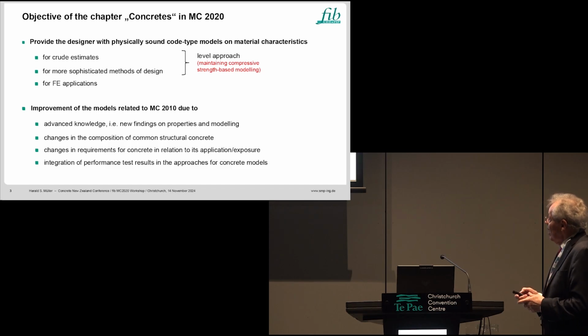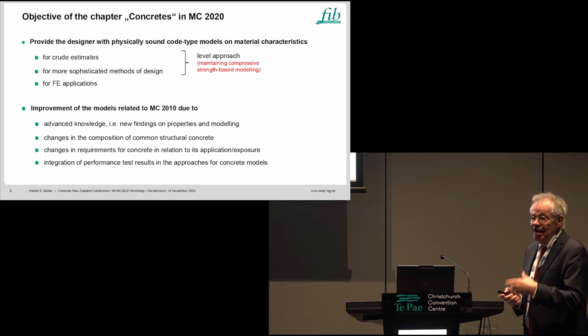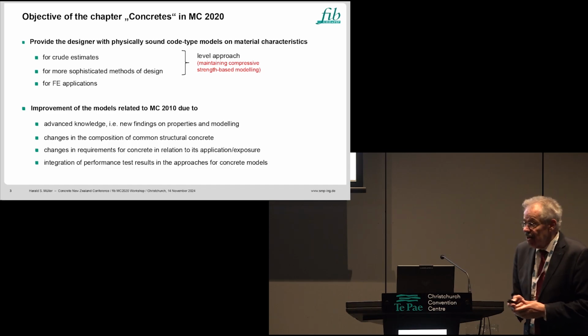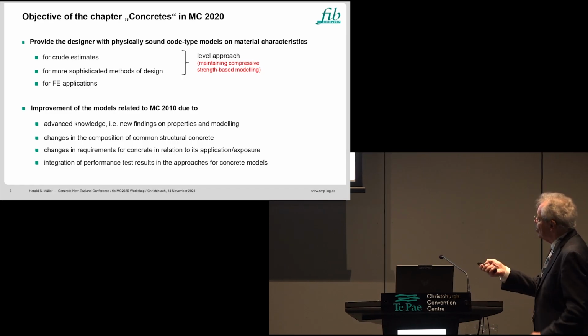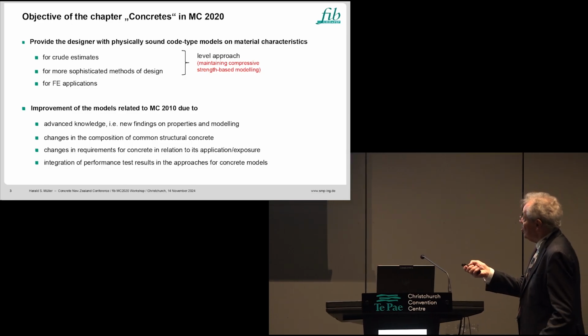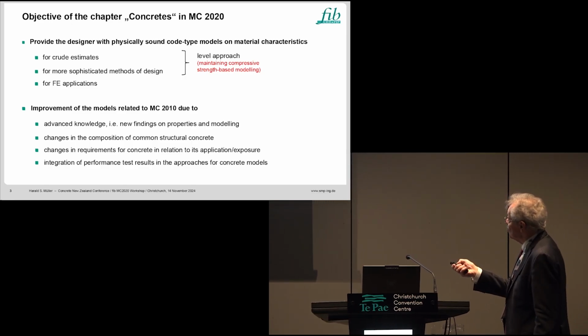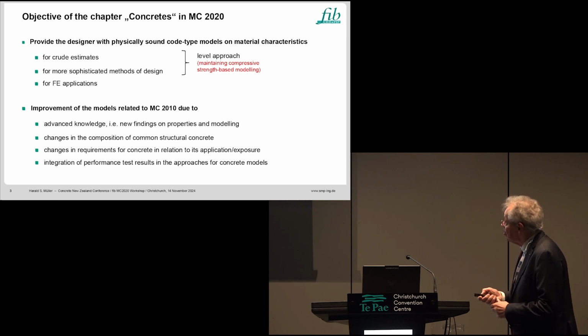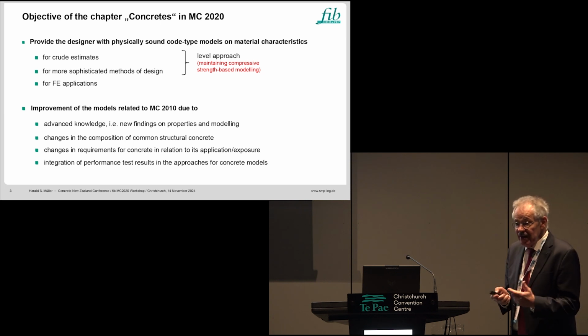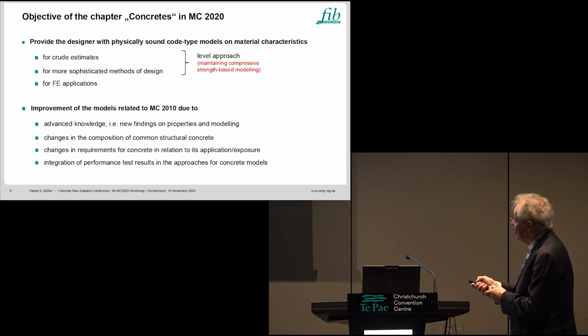As already mentioned by Agnieszka, Model Code 2010 was an excellent document, but Model Code 2020 had to be developed in particular as knowledge advances. We have new findings on properties and new kinds of models. We have big changes in the composition of structural concrete, which is going on continuously.